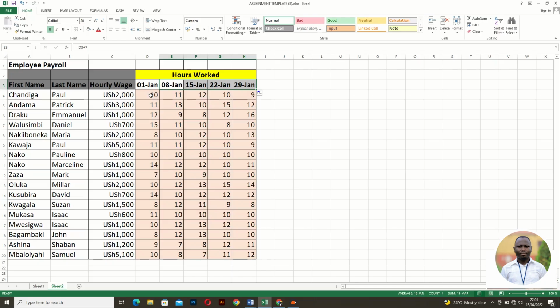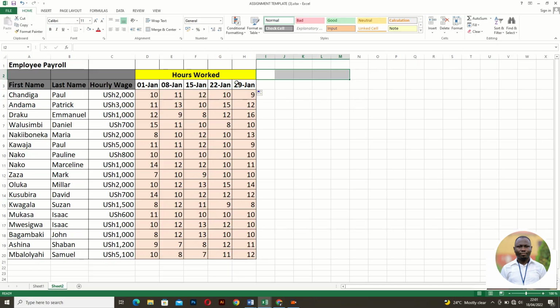We are seeing some people having 10 hours, 11 hours, 12 hours, 15 hours. We can see clearly that there are people who worked overtime, and there's even one of 8 hours who worked undertime. So for us to find overtime, first of all, we need a column for it.